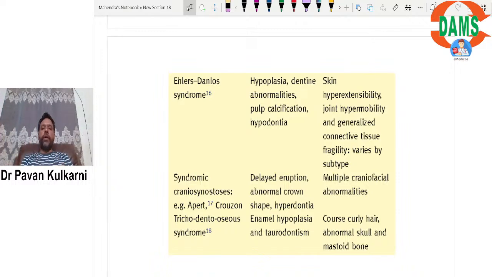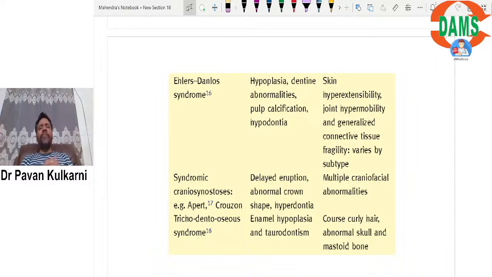Extensibility of the skin, hypermobility of the joint. We know that the temporomandibular joint, TMJ, is there. We can open the mouth to some extent. These Ehlers-Danlos patients can open their mouth very wide. That is called hypermobility of the TMJ.